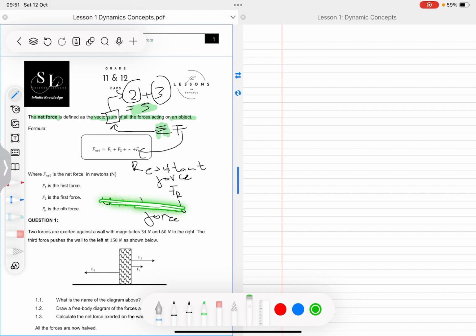The word unbalanced force speaks to the fact that the net force is the sum, a number that you get after adding these forces. Some of these forces will be negative depending on their direction, some will be positive, and the answer that you get won't be balanced. It will be either bigger or smaller. So that's the idea, right?